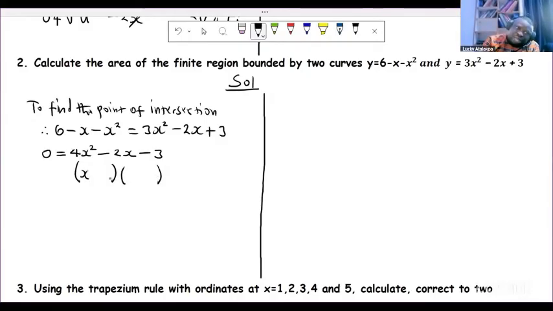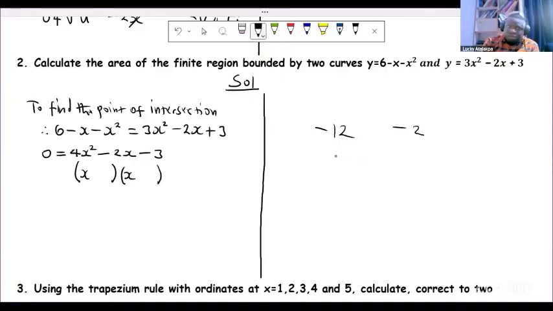Now, I want to solve this quadratically. I want to find x. Now, negative 3 times 4 is negative 12. And here you have negative 2, negative 12, and negative 2. I need two numbers that multiply to give negative 12 and add up to negative 2.